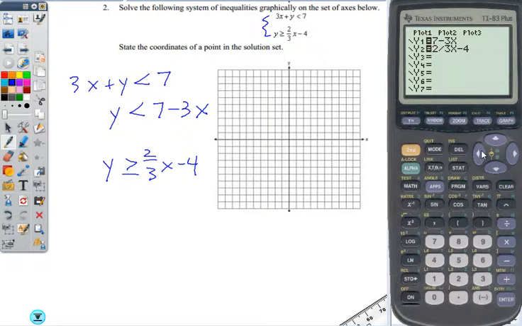If you arrow over all the way to the left, you can change to shade, to do a bold line, to shade above, or to shade below. Since it says that y is less than 7 minus 3x, I'm going to shade below. And the next one, it says y is greater than 2/3 x minus 4, so I'm going to shade above.